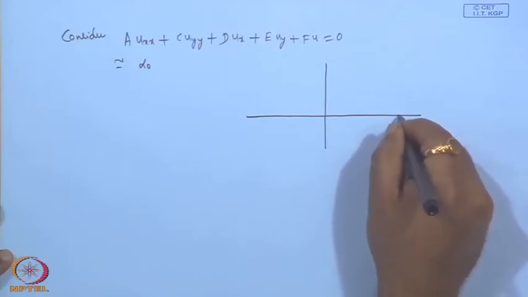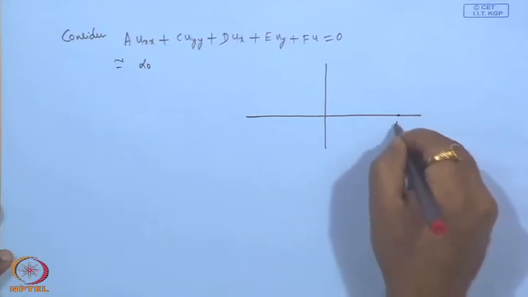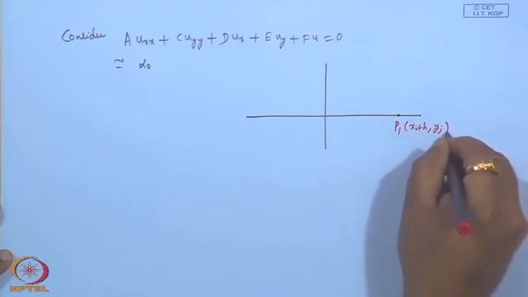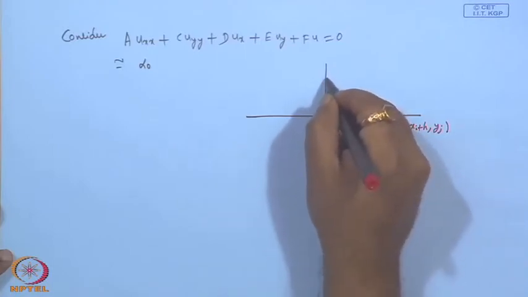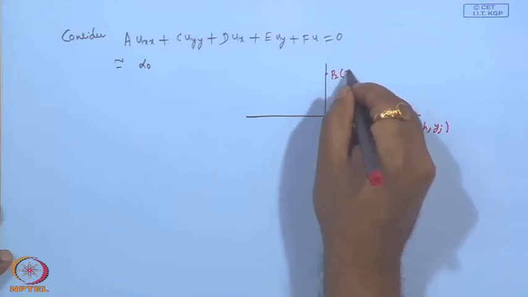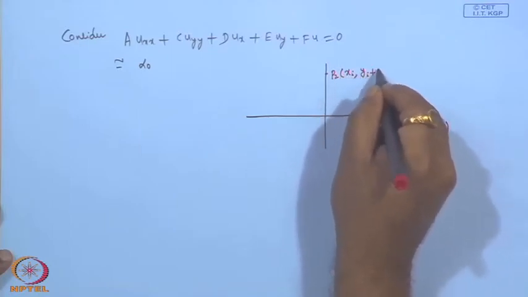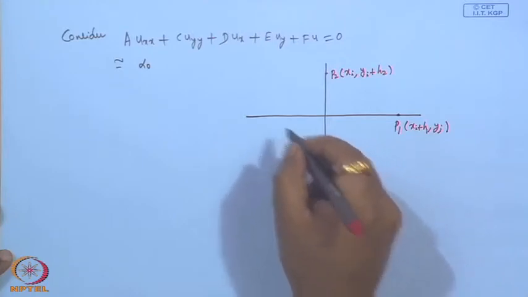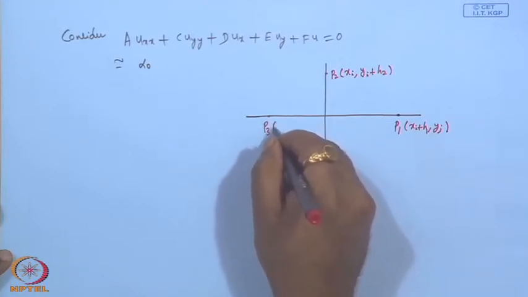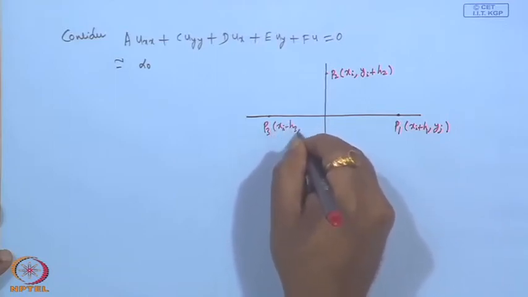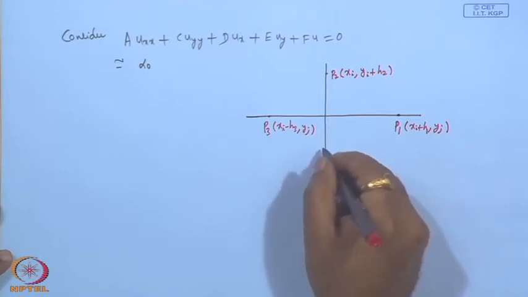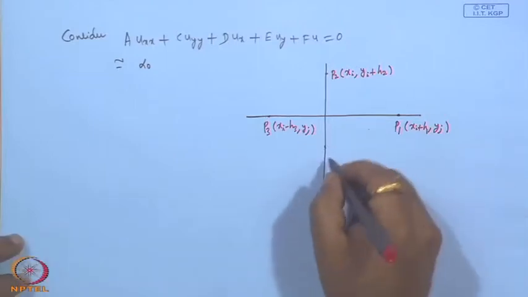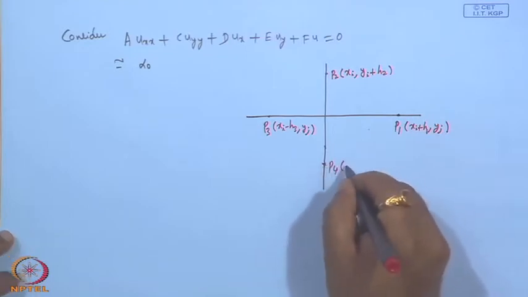So, identify point P 1, then point P 2, so this is H 1, then P 3, P 4.